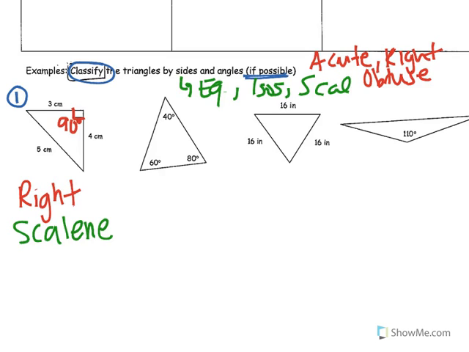Looking at example number 2, okay? Let's start with angles again. I'm going to look at my 3 angles, 40, 60, and 80. All 3 of those angles are smaller than 90 degrees, which means all 3 angles are acute, which makes this an acute triangle. Okay? Now let's classify by sides if we can.